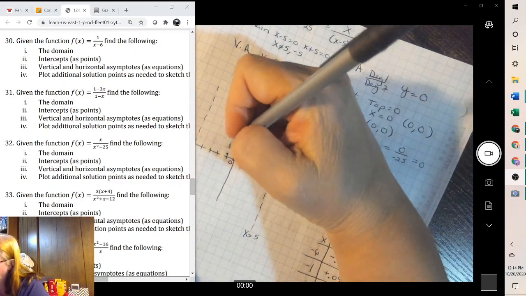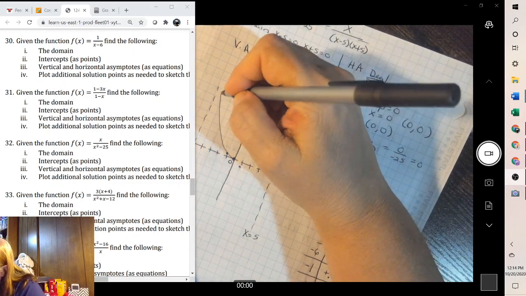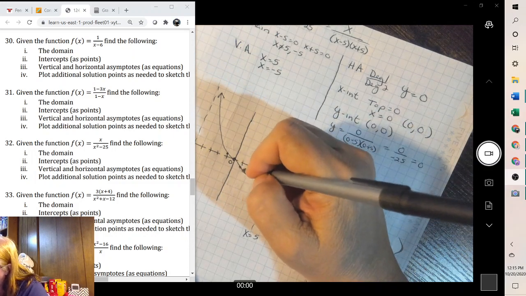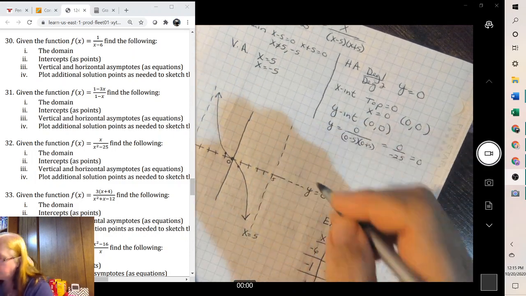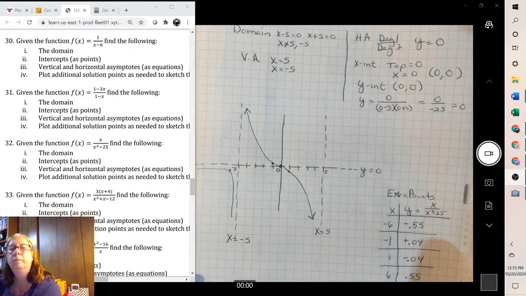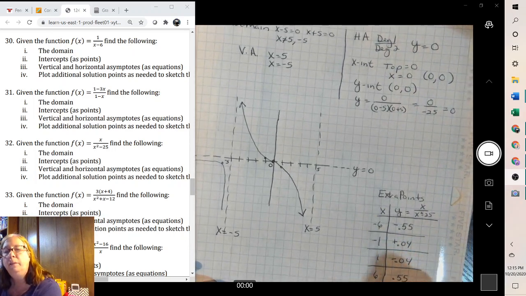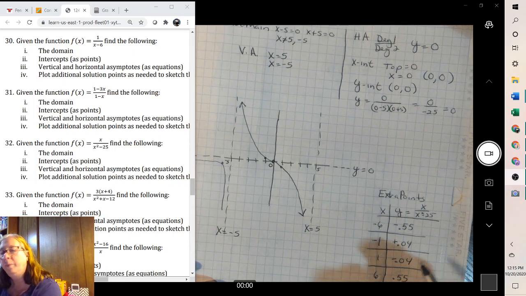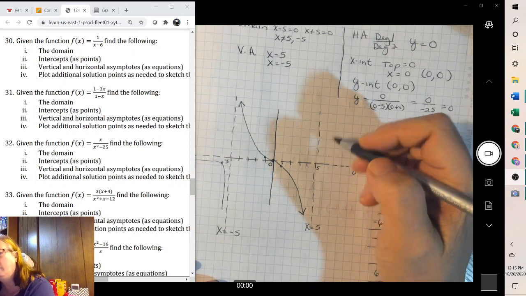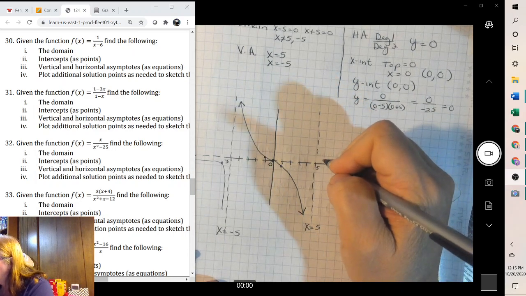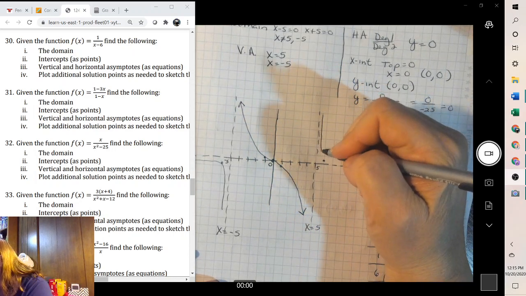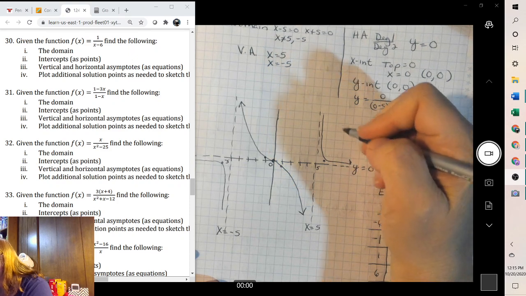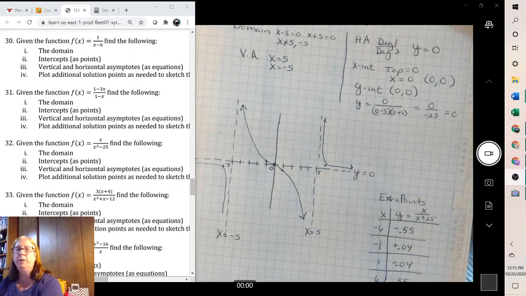So this one is going like this. And the last one, 6 is up at a positive, which means my graph's up here. And there's your graph.